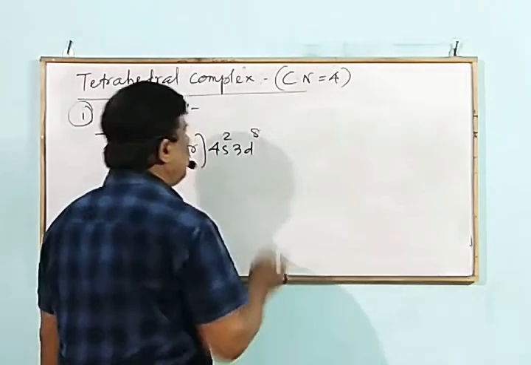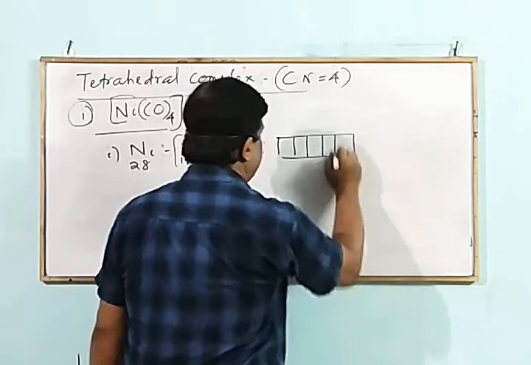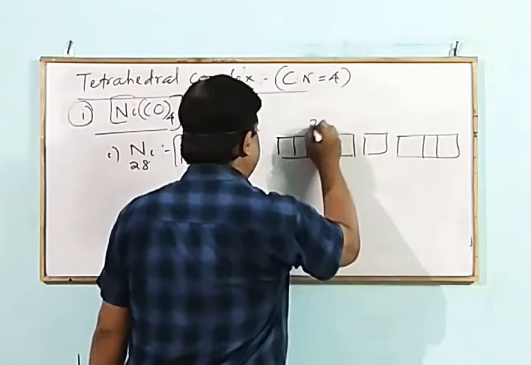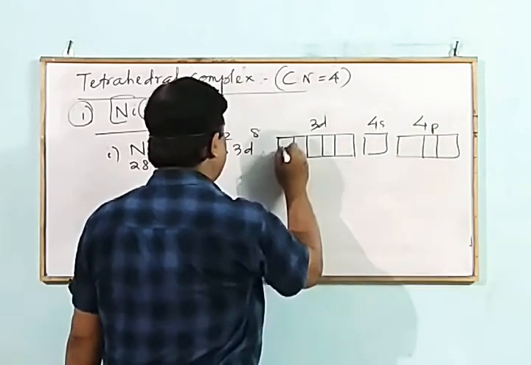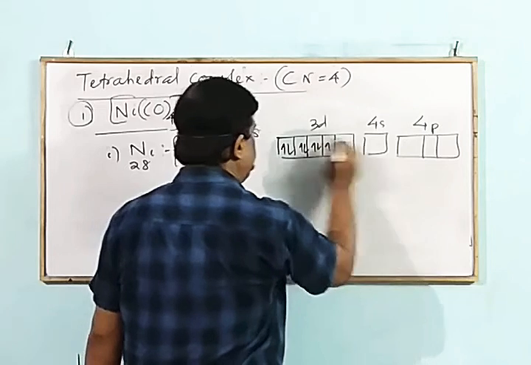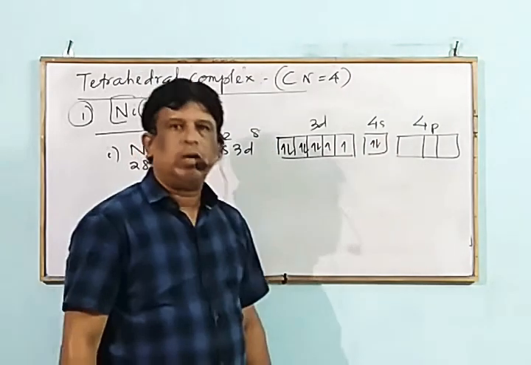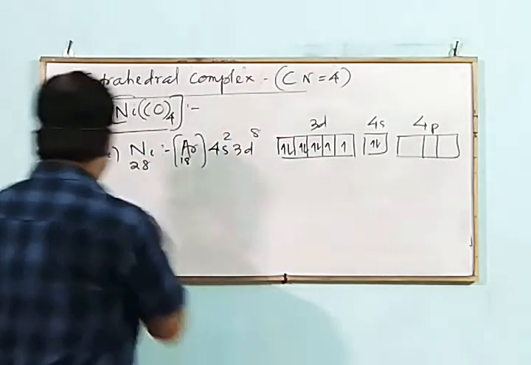The expected box-like diagram: it is 3d, it is 4s, it is 4p, 1, 2, 3, 4, 5, 6, 7, 8, 4s. It is the electronic configuration according to Hund's rule and the Aufbau principle. Point 2, mark that.